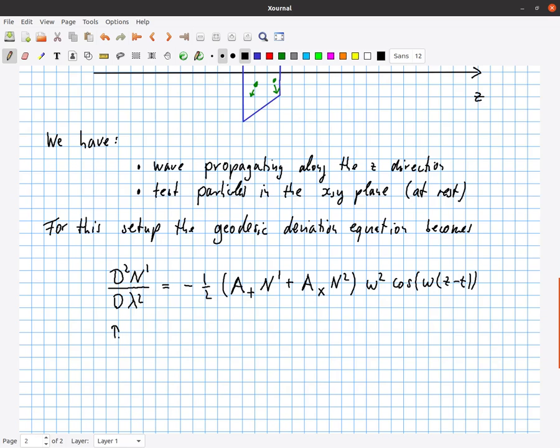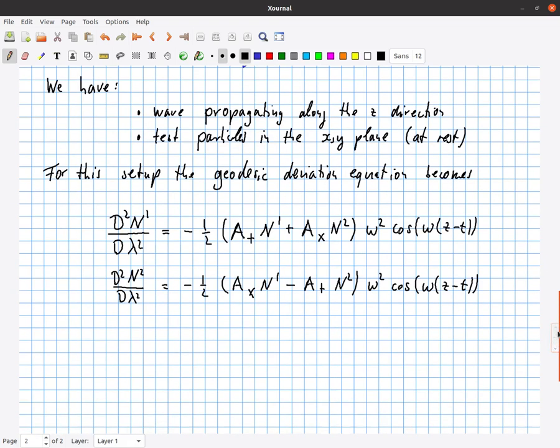The second equation, d squared n2 d lambda squared, minus 1/2 a cross n1 minus a plus n2, omega squared cosine omega z minus t.